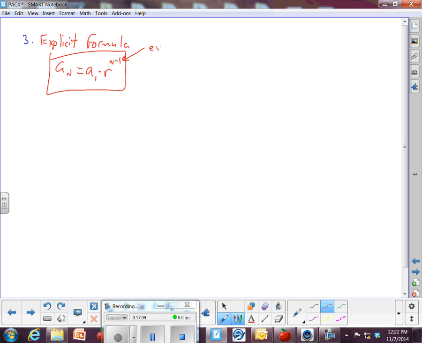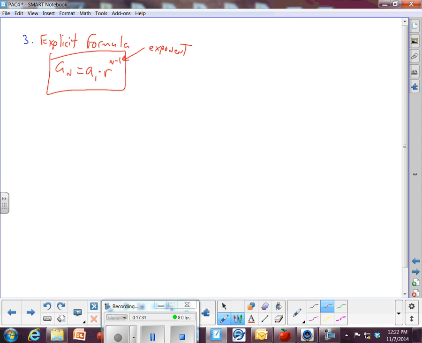So very, very similar. We start off with the a sub 1. Common difference is add, so we added n minus 1 times d. But geometric is a constant multiplier, so we multiply times the r. The difference is the exponent is the n minus 1.